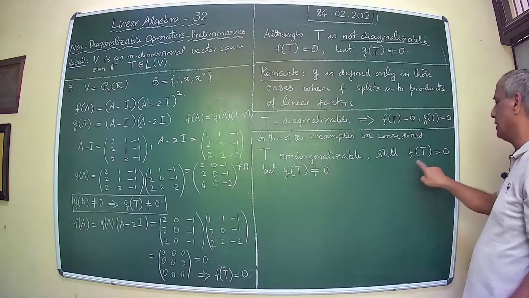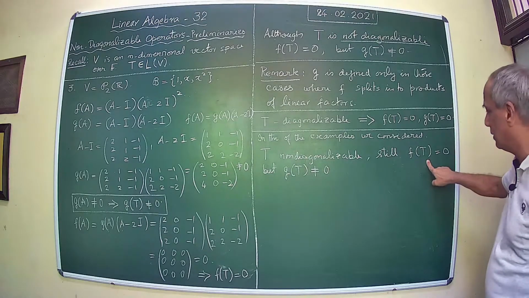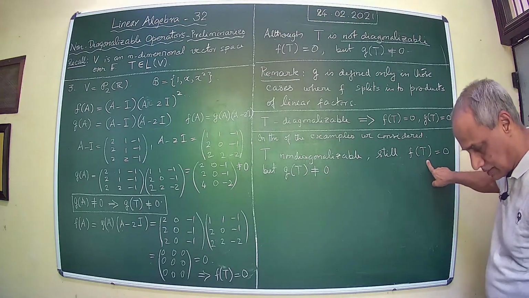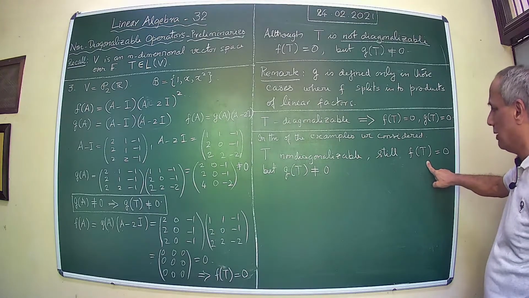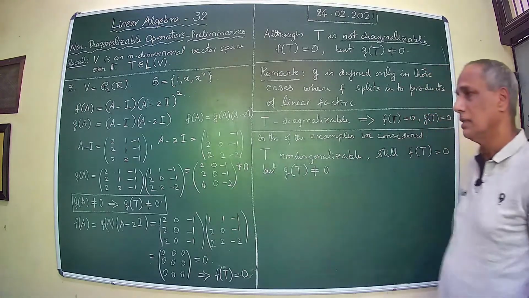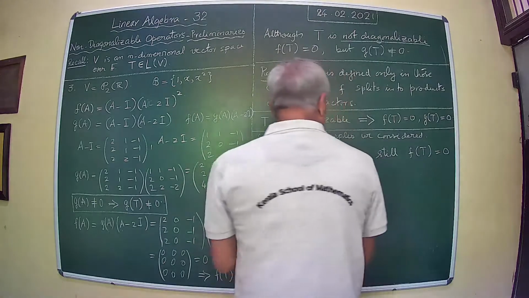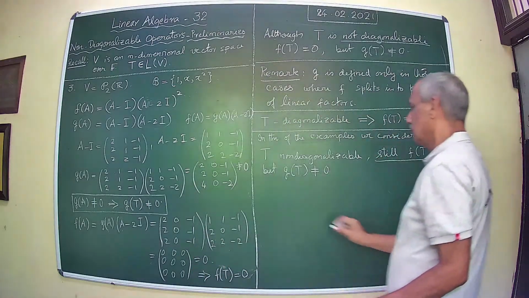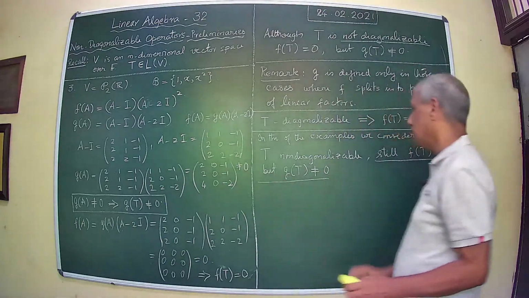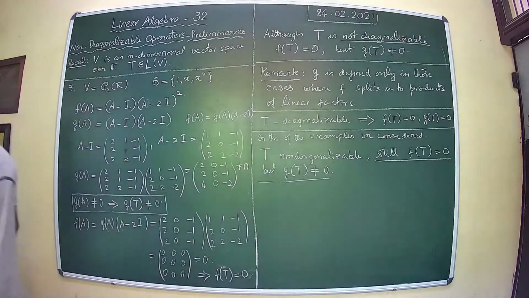So g does not annihilate T. Let me use that word because we will bring that word into our discussion soon. But g does not annihilate T. Okay, so this is the observation that we made. Still this is true, but g of t is not equal to 0. So we have made some observations.